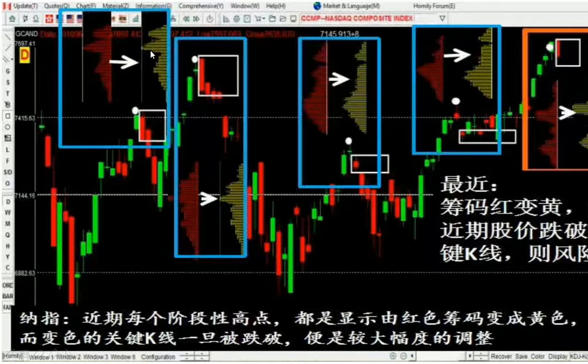So the moment the chips turn to yellow, the risk is going to release. For the recent Nasdaq market, every time at the top the chips turn red, and after the chips turn yellow, it has a crash. It almost happened every time. So if it is in the overbought area now, we need to be a little bit cautious.